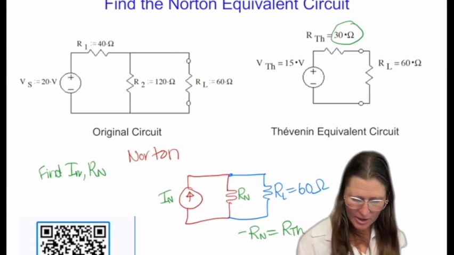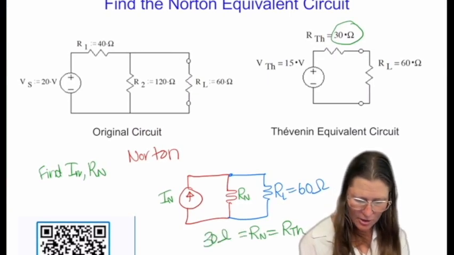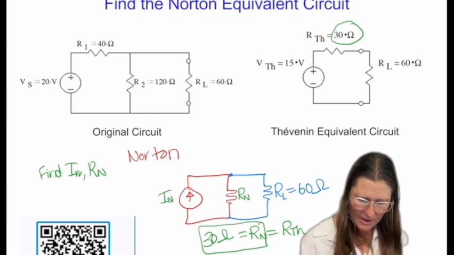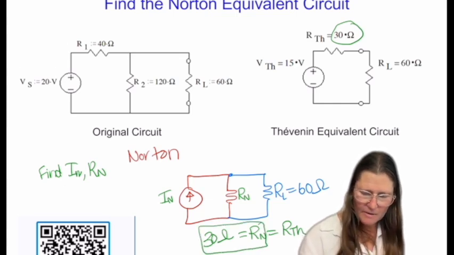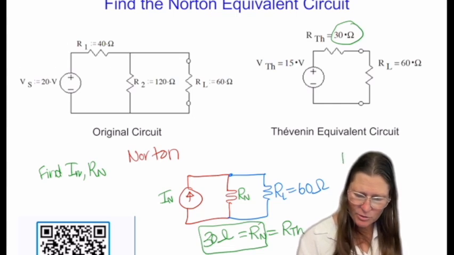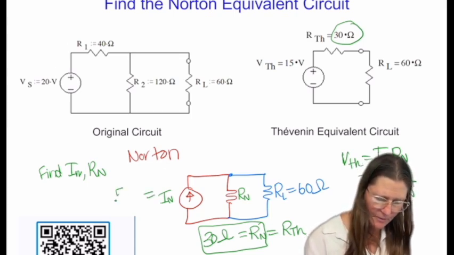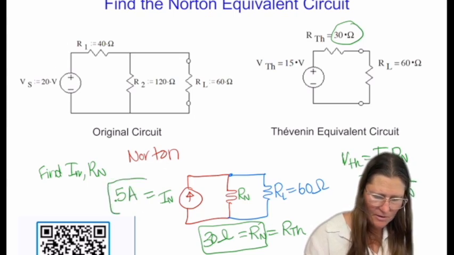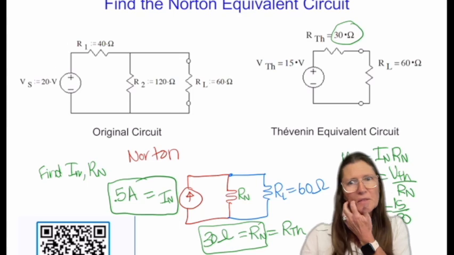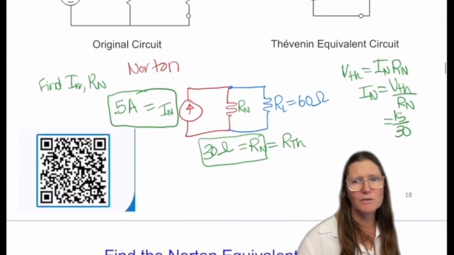So we have RN equals RTH is 30 ohms. And then from this, again, we can do the relationship of VTH has to equal IN times RN. So IN is VTH over RN, so 15 over 30, which gives me 0.5 amps. So that is where both those come from.